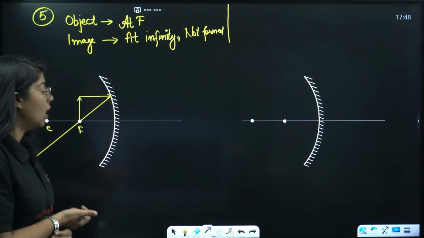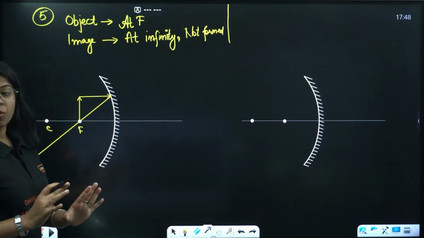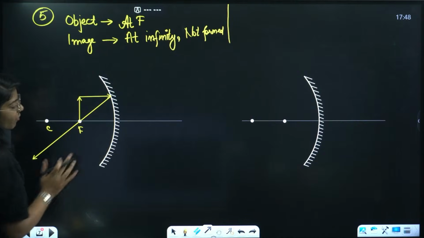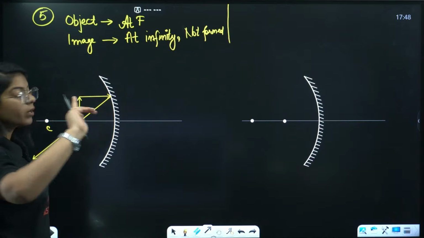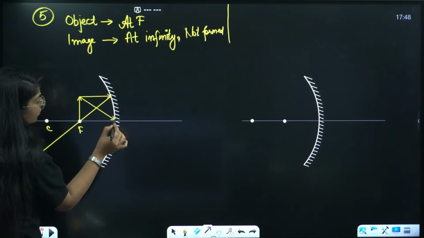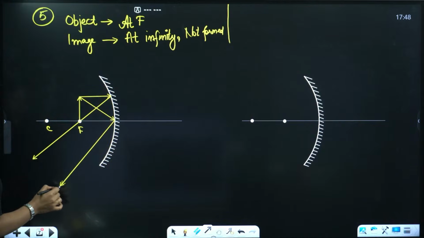Okay, chalo. Now the next is very important here because we cannot really pass any ray from the focus. Done. So you can do two things. Either you can pass the ray from pole, ठीक है, because at pole the ray will be deflected at the same angle.